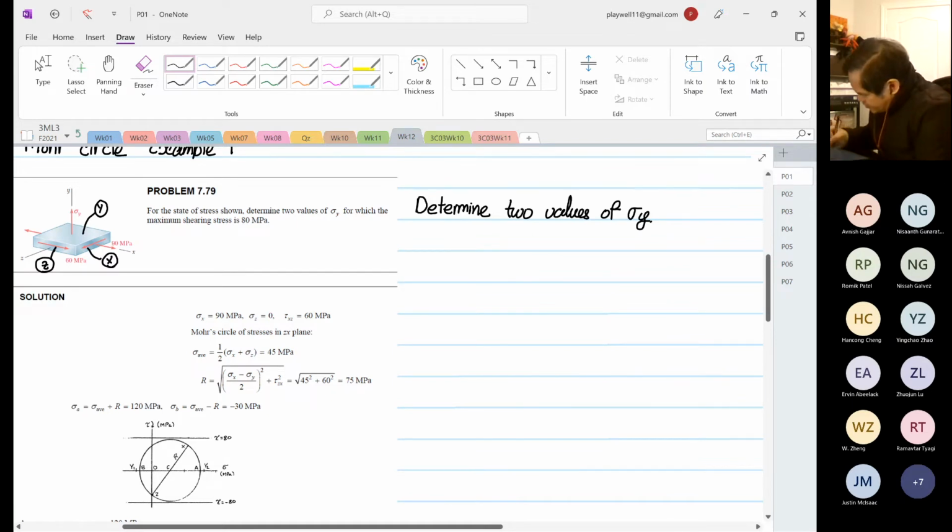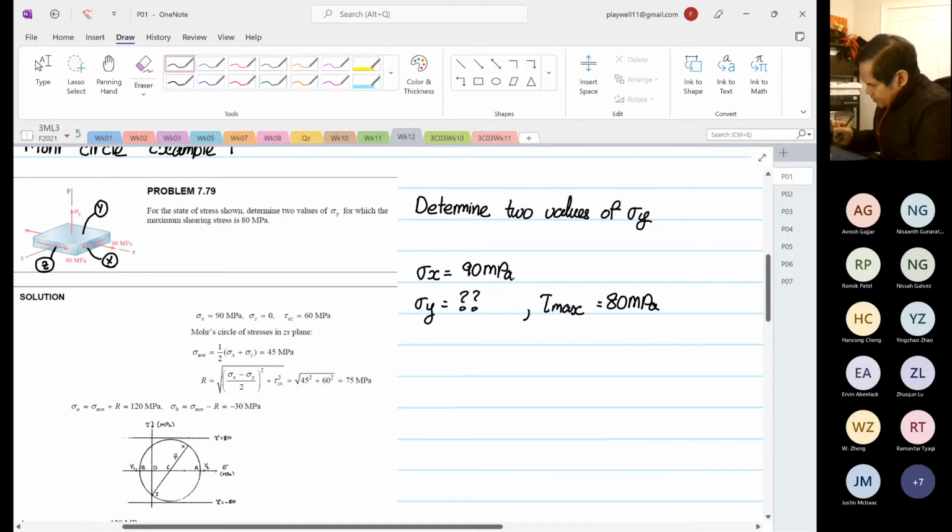So we know that stress X is equal to 90 megapascal. Stress Y is what we don't know, but stress Y is controlled by the maximum shearing stress, either in plane or out of plane, which is given as 80 megapascal.